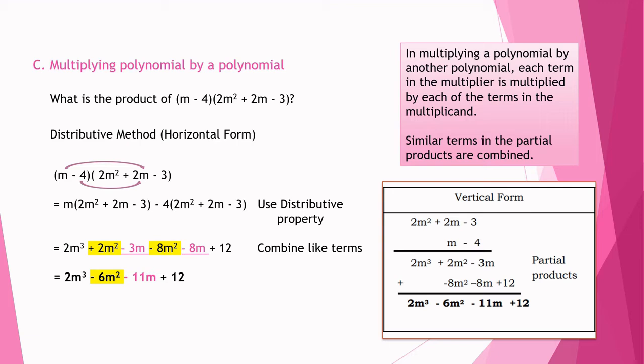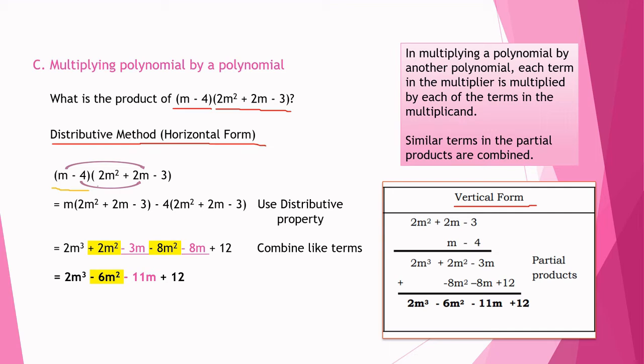For example, what is the product of the quantity of m minus 4 and the quantity of 2m squared plus 2m minus 3? Now, there are two methods. One is using the distributive method or the horizontal form. The next one is using the vertical form. Now, our first polynomial is the quantity of m minus 4, which is a binomial.